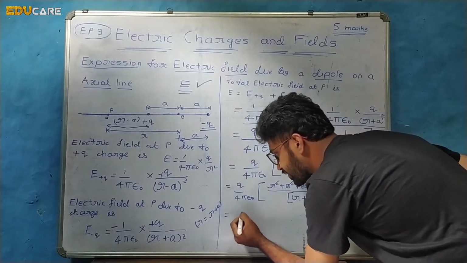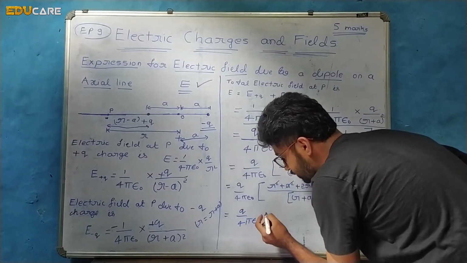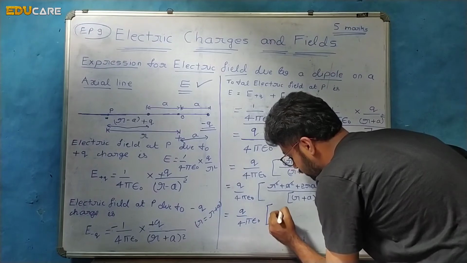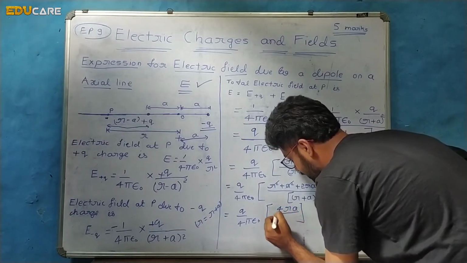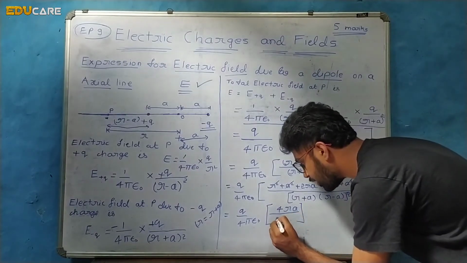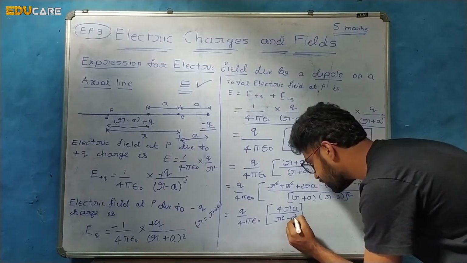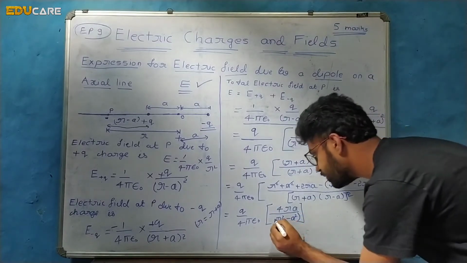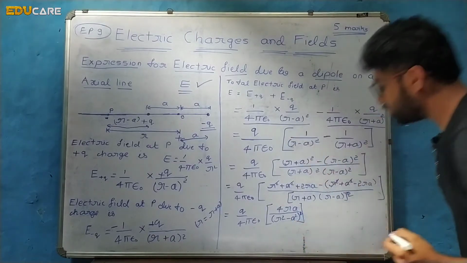We can write it like this: Q divided by 4 pi epsilon naught 4RA divided by R square minus A square the square. I think it's clear now.